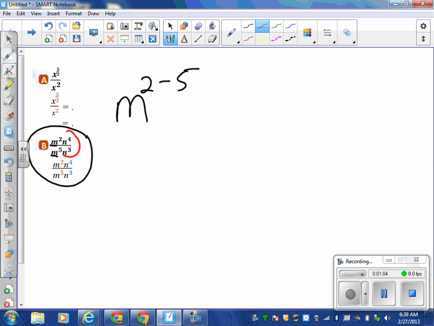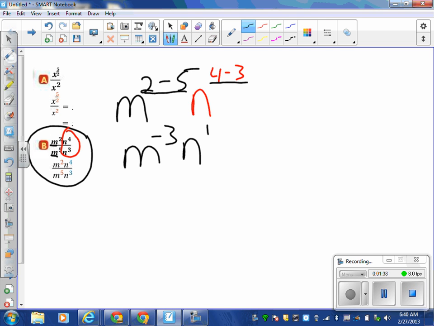Also, we have the n exponent, and we take n and 4 minus 3 as the exponents. From there, we need to combine or subtract those numbers. So we end up getting n to the negative third power. N, 4 minus 3, is 1.